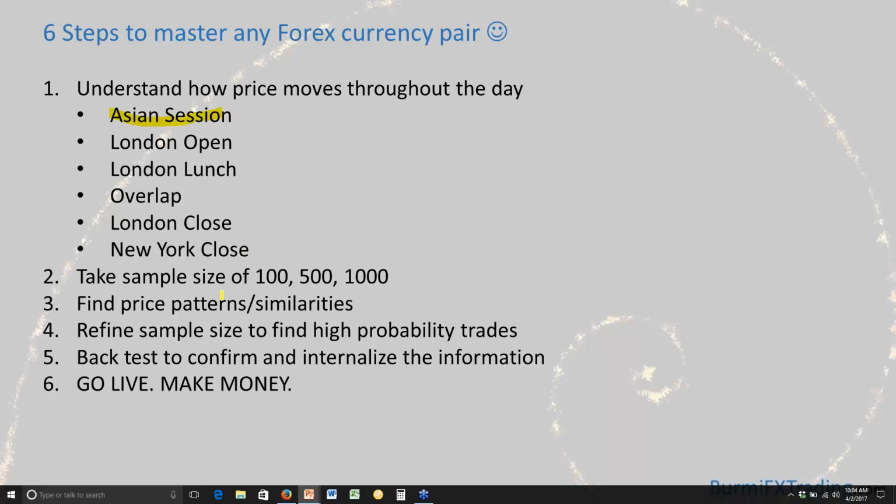And then you further refine your sample sizes to find very high probability trades. From the data that you collect, you're going to refine your data to see which one is a high probability trade and which one is a low probability trade. And then you will back test everything to confirm.